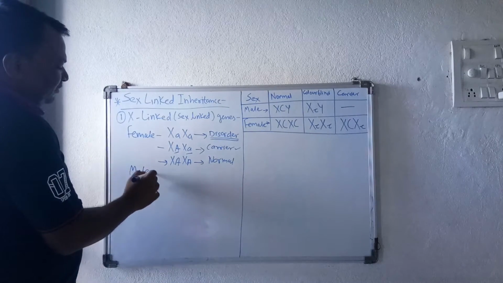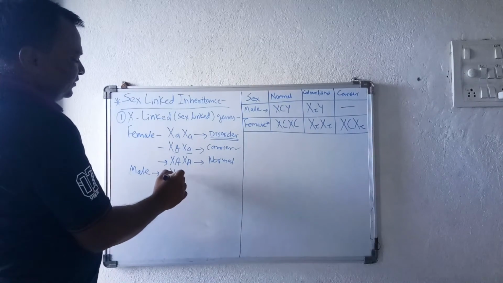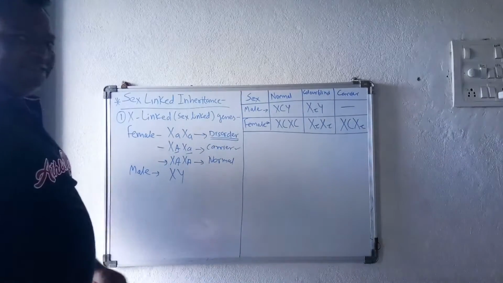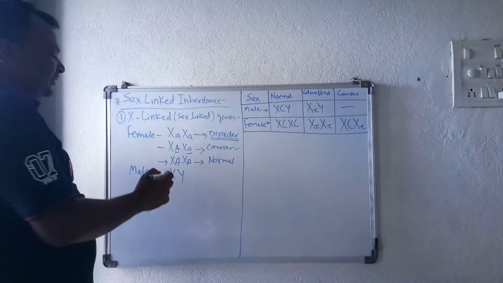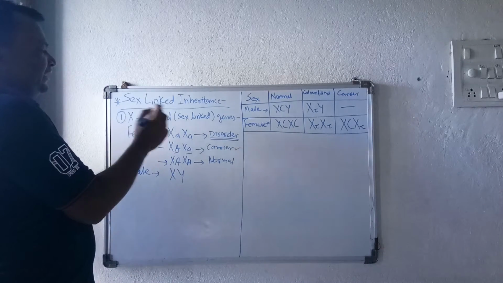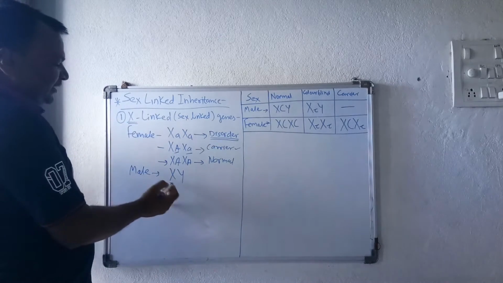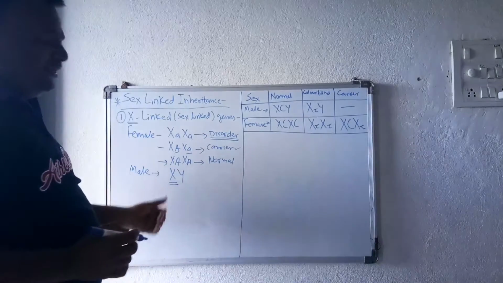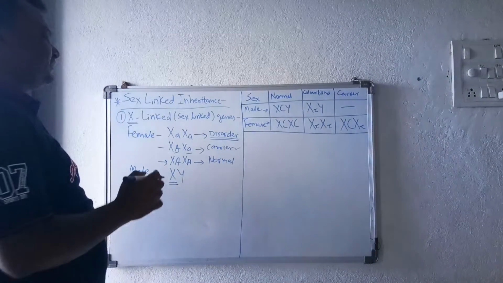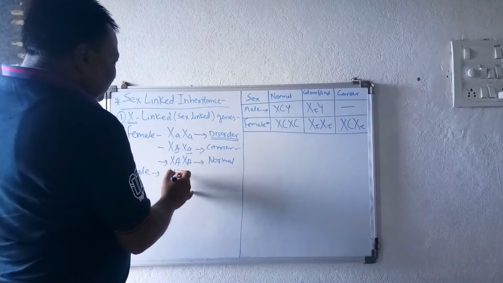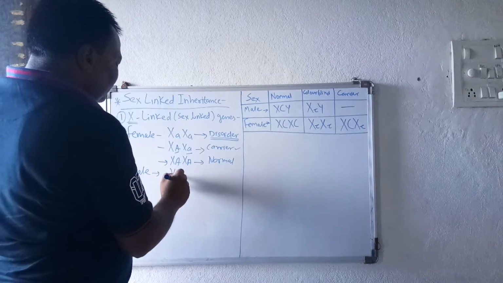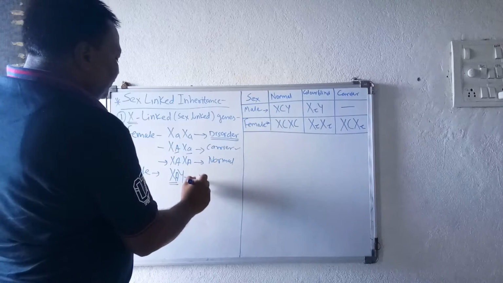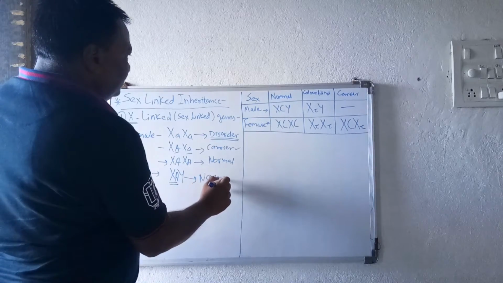Then in the case of the male, we know that the male carries one X chromosome and another Y chromosome. As this inheritance pattern is X-linked, the male has only one X chromosome, and if the dominant gene, capital A, is present, then he will be normal.